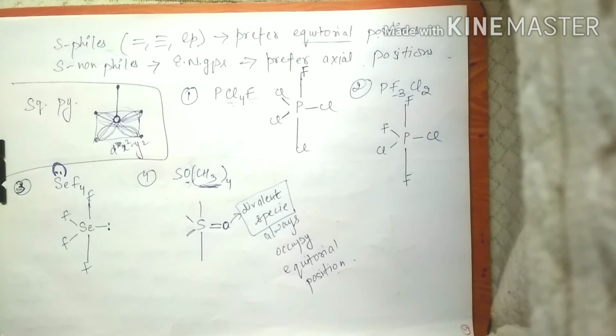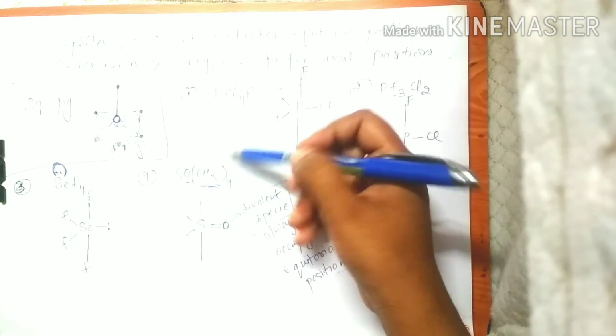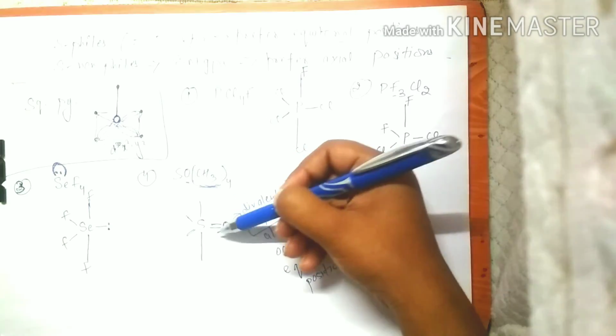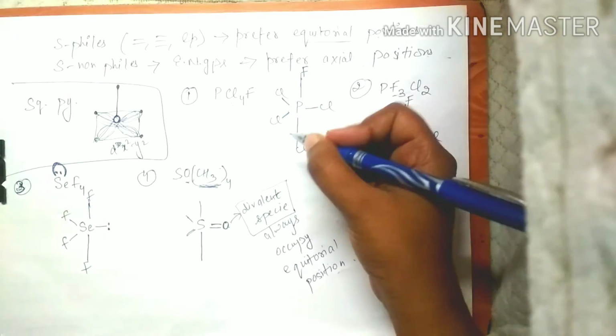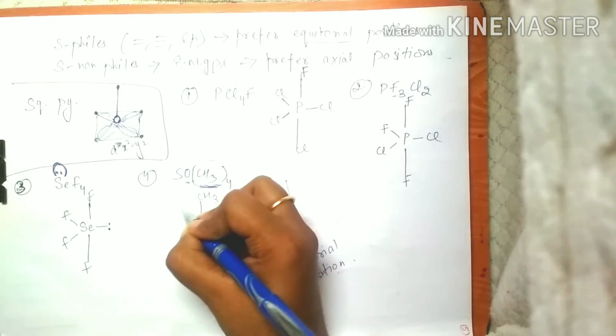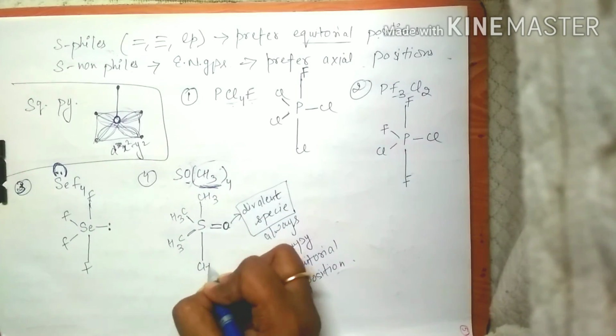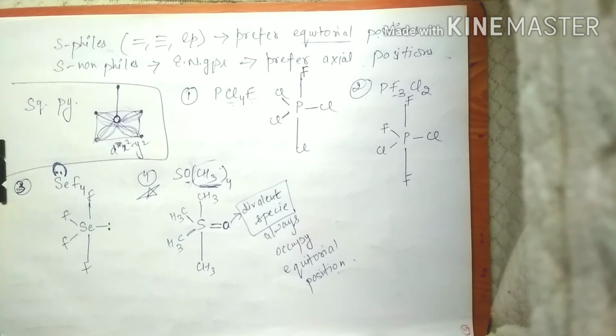Okay, so first, if you see any divalent atom in your molecule, first place that divalent atom at one of the equatorial positions. Okay, then the remaining ligands can attach anywhere. Okay, so you can star mark this compound, right?